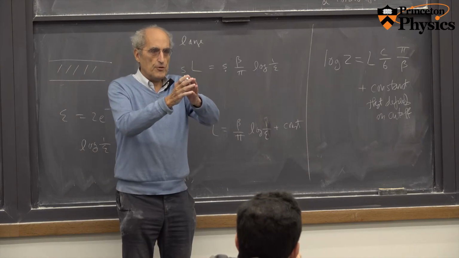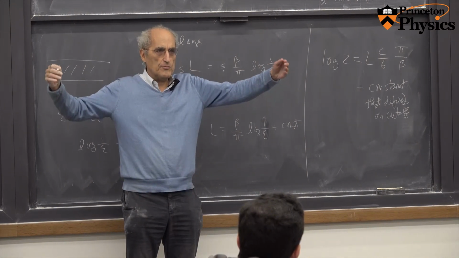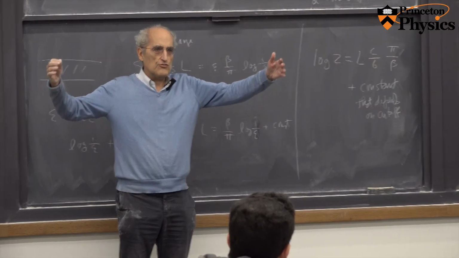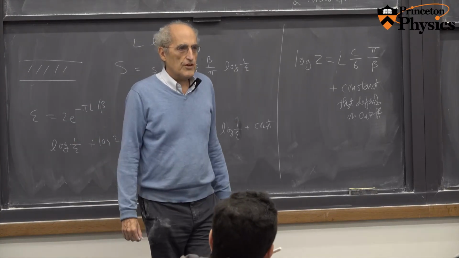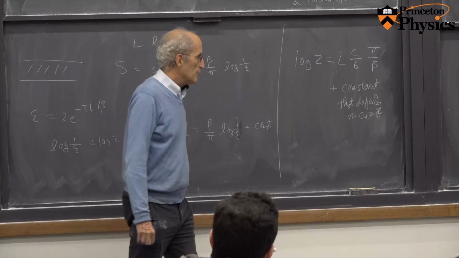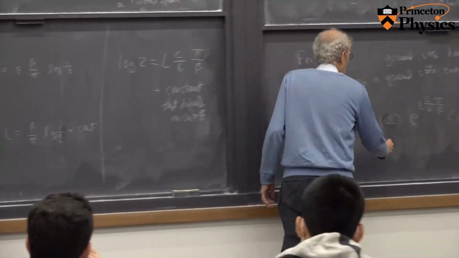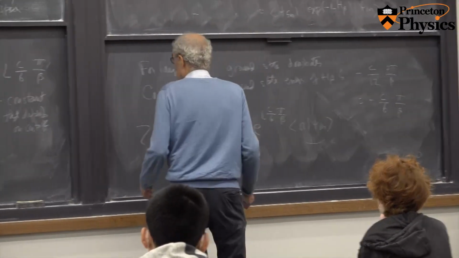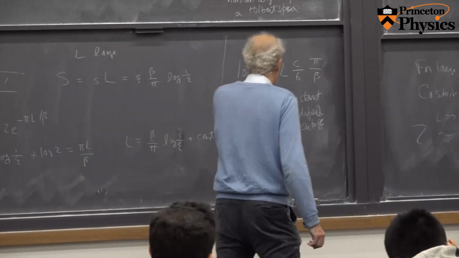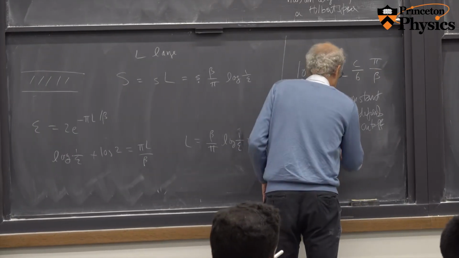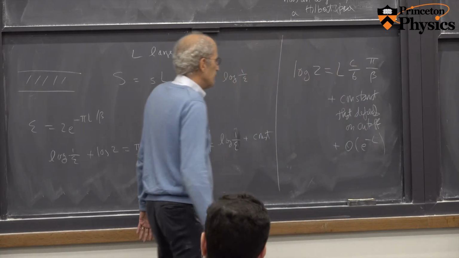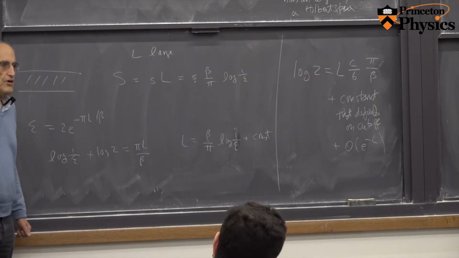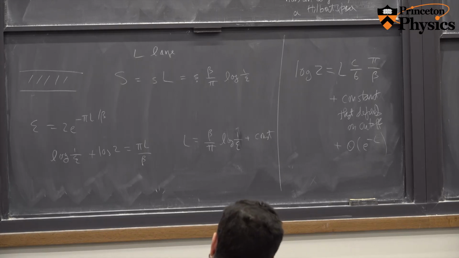If you take a thermal system, but you cut it off at finite volume, you might use Dirichlet boundary conditions, Neumann boundary conditions, something else. So the entropy will receive a contribution of order 1 depending on the boundary condition, and that shows up here in this matrix element. But up to a constant, there are terms of order e to the minus L. There are contributions of states of higher energy, and those contributions decay as powers of e to the minus L.